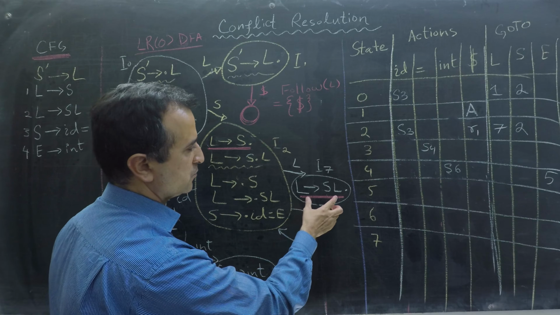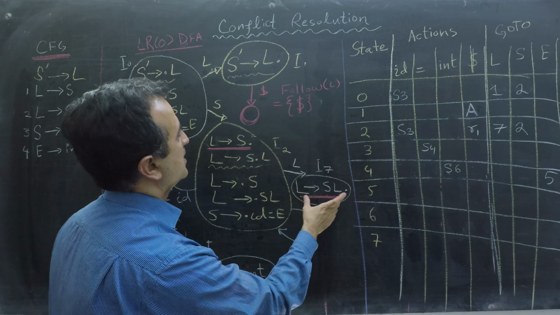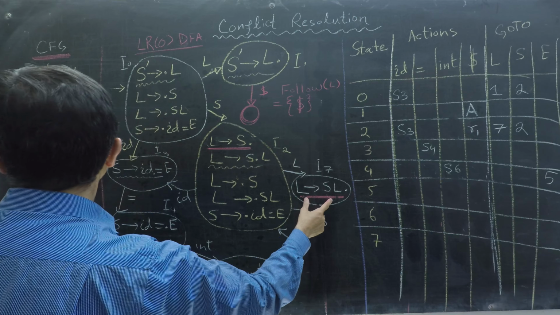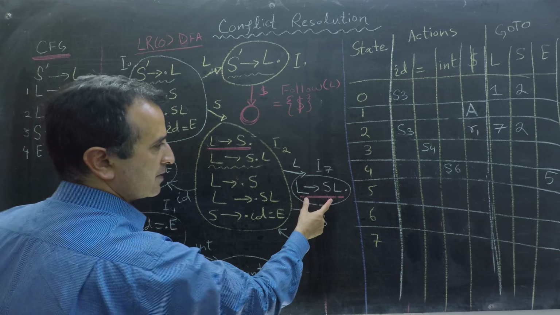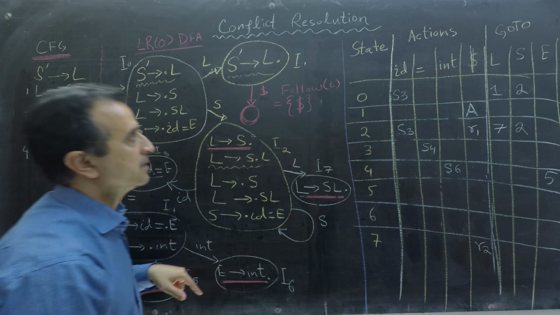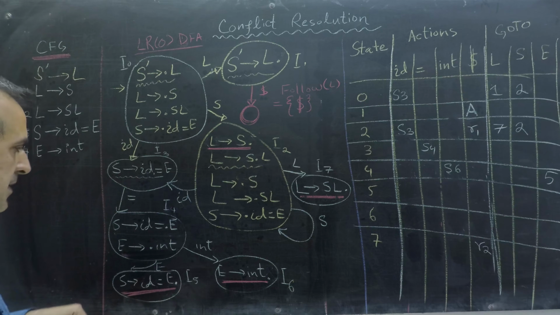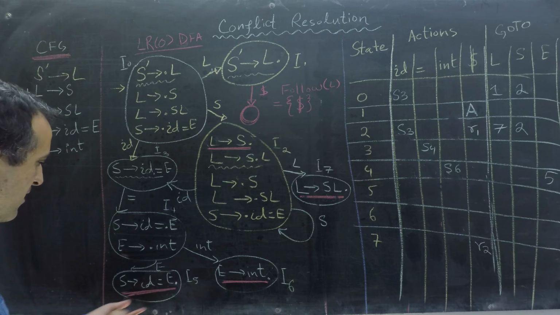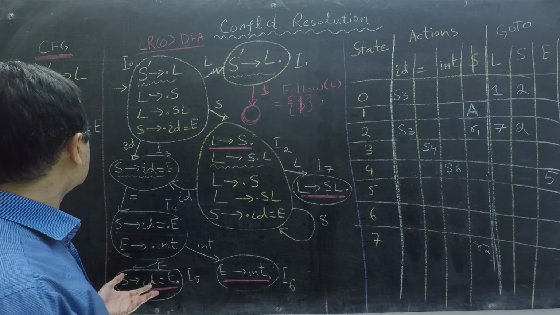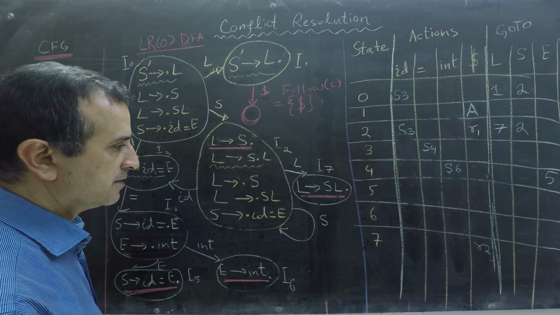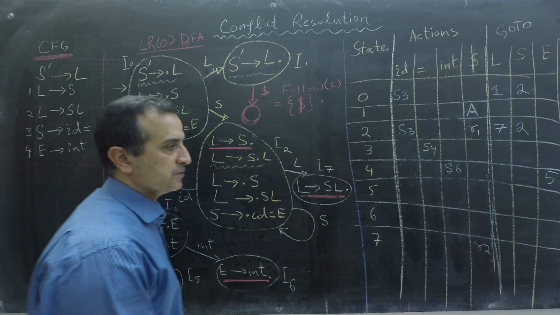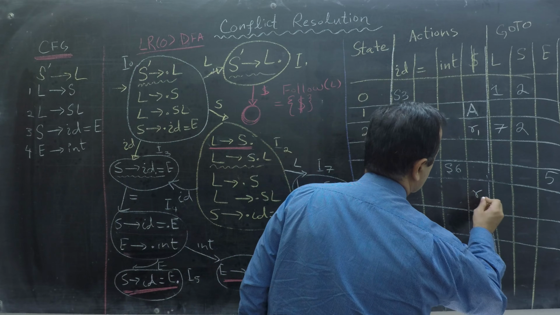So I once again have to find follow of L, and I know that follow of L is $, so I have to add R2 also here, and in this case I have to find follow of S. Follow of S is equal to follow of L, which is also $. So I will add R3 also here in this cell.